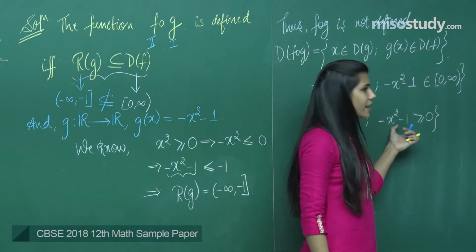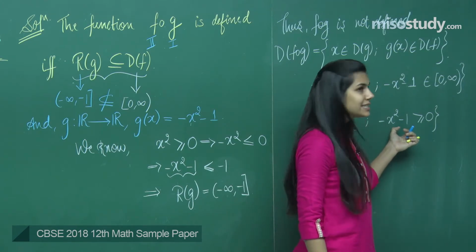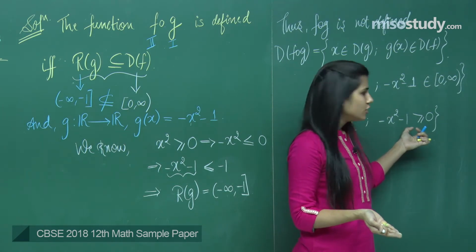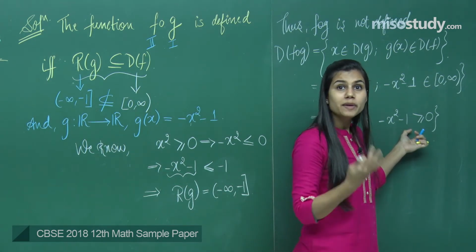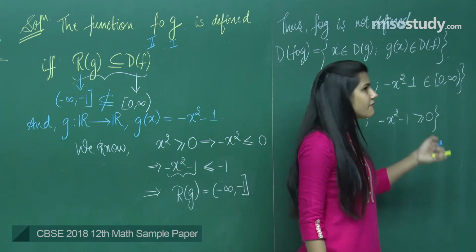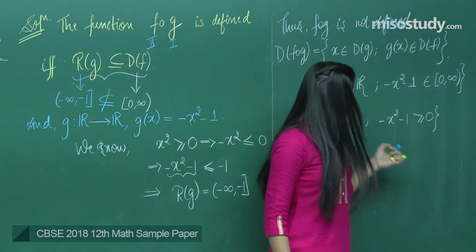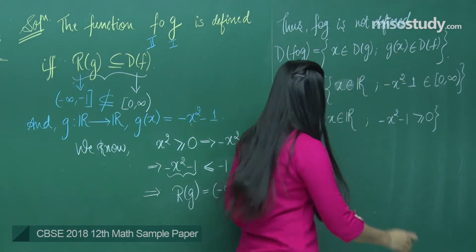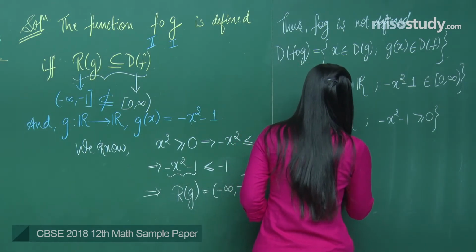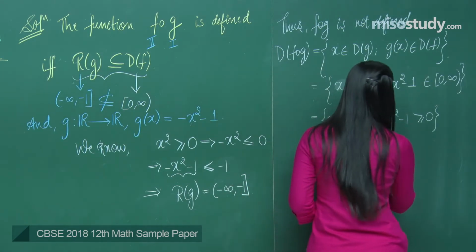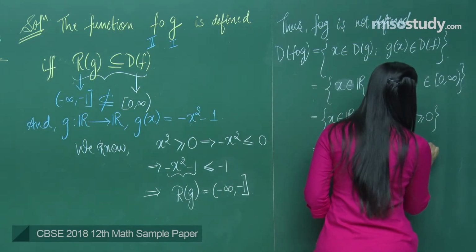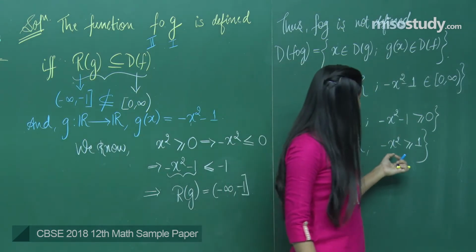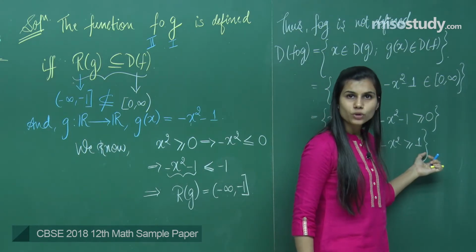Now obviously x square is always non-negative, so minus x square is always negative, and minus 1 is again negative. So minus x square minus 1 will always be less than or equal to 0. It will never be greater than or equal to 0. Is there any real number such that when you plug it in over here you get greater than or equal to 0? Of course not. Or further I can say, collect all those real numbers such that the negative of their square is greater than or equal to 1.